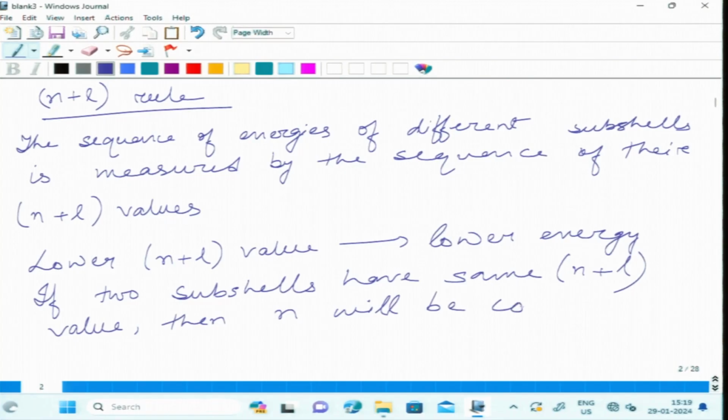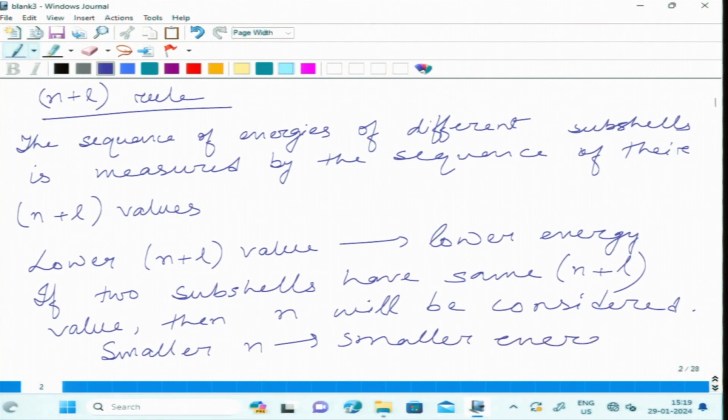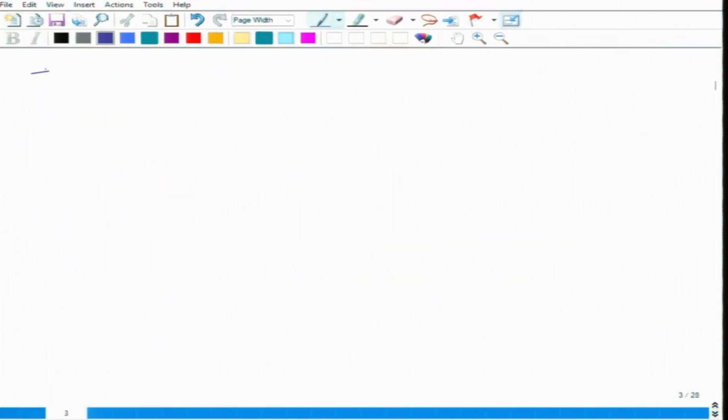N will be considered. Okay. So, at that time smaller n will mean smaller energy. Right. So, we will see some examples.